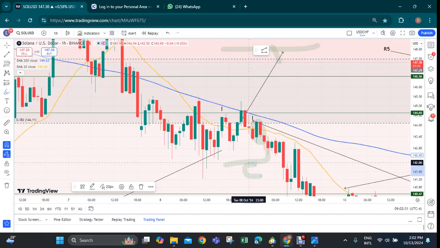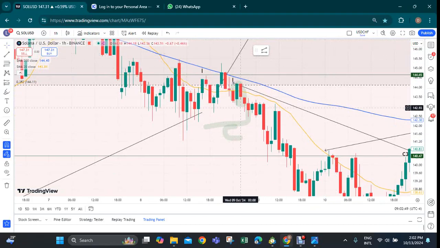That shows us that the rejection position we entered is no more valid. It tells us to get out of the market because the market has changed from rejection to continuation, from going up to coming down. So the buying position we entered needs to be taken out.